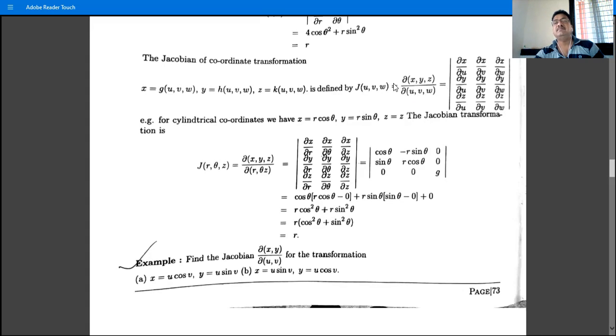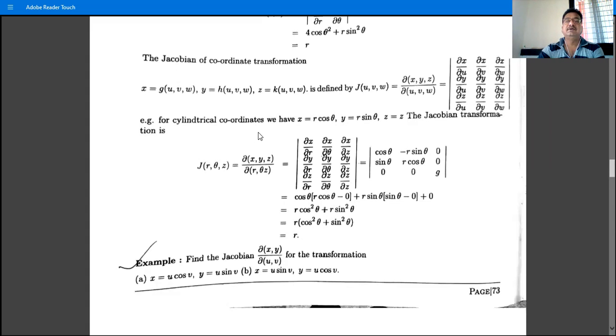This is the notation. It is the determinant whose first row is ∂x/∂u, ∂x/∂v, ∂x/∂w, the second row is ∂y/∂u, ∂y/∂v, ∂y/∂w, and the third row is ∂z/∂u, ∂z/∂v, ∂z/∂w.